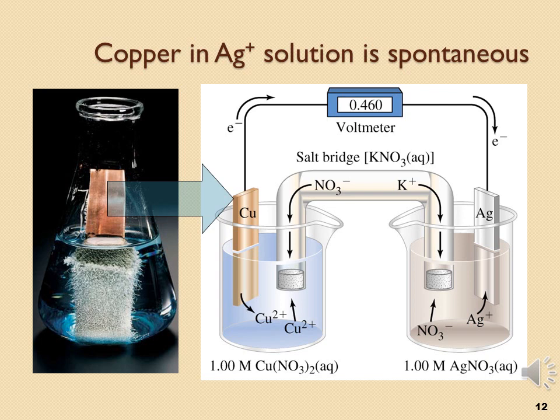For example, in our chart we've separated the copper and the silver, with a solution of copper and a solution of silver nitrate, and only the electrons move to produce useful work, which can be measured by our voltmeter.